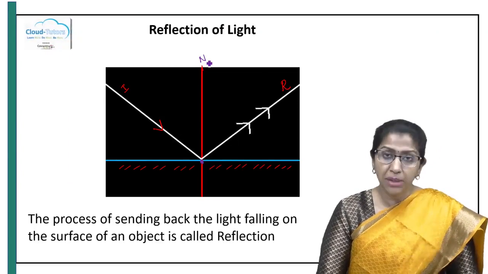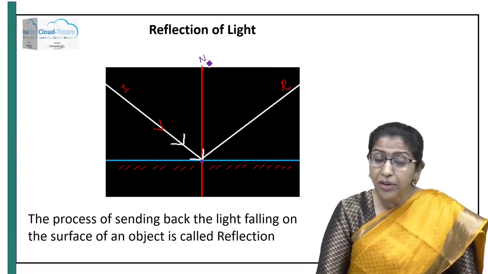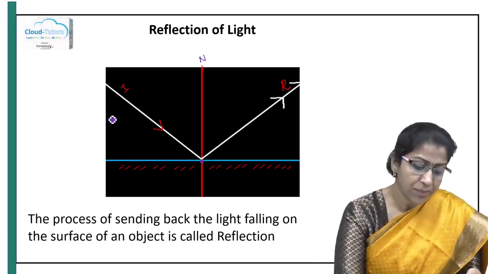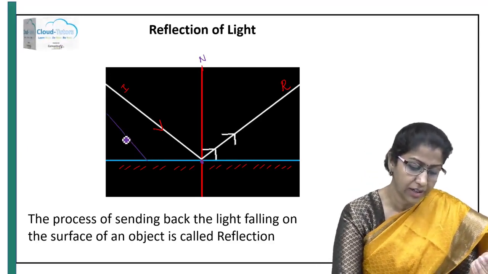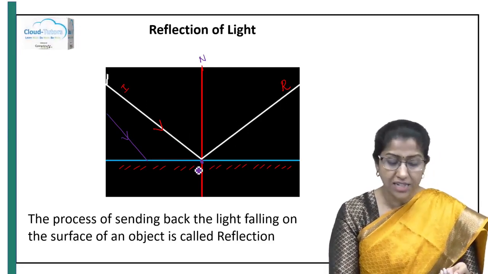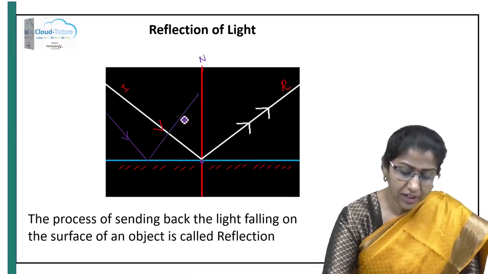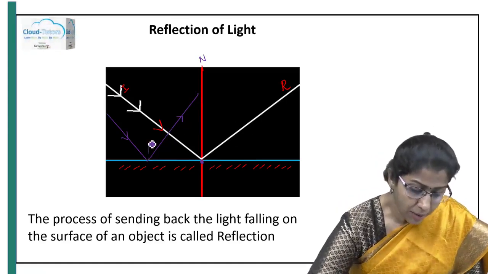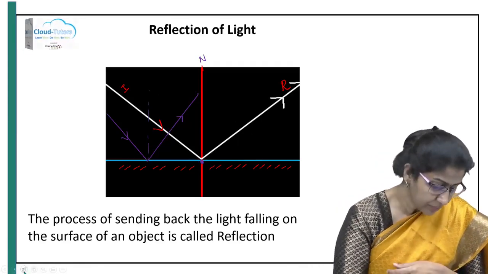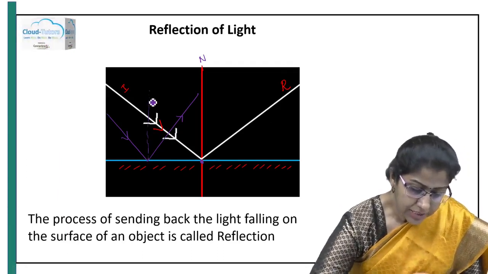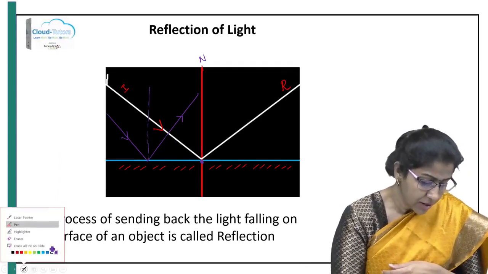So for every point of incidence you can draw the normal as such. If I consider this as the incident ray and the reflected ray will be in this fashion, right? So I can drop a perpendicular in this manner.